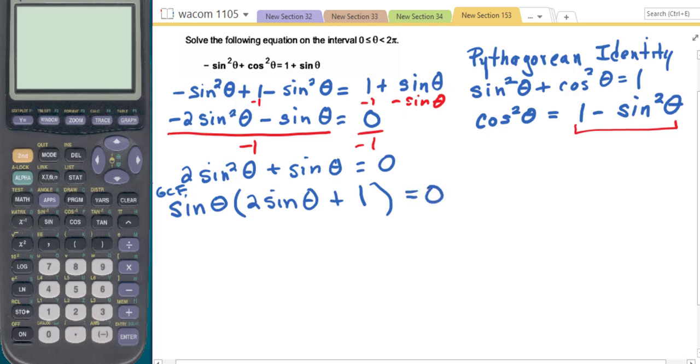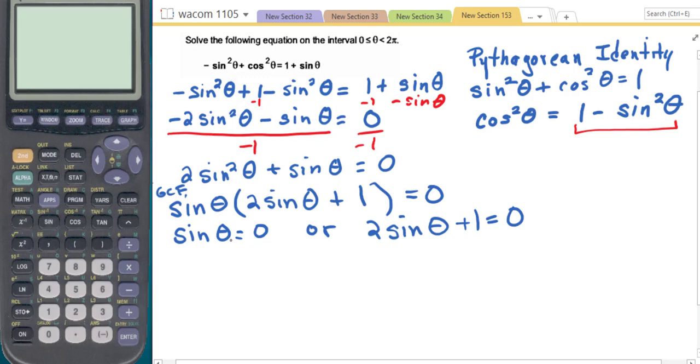Now you're going to use the zero product law. Either this piece is equal to 0, so sine theta equals 0, or this piece equals 0: 2 sine theta plus 1 equals 0.